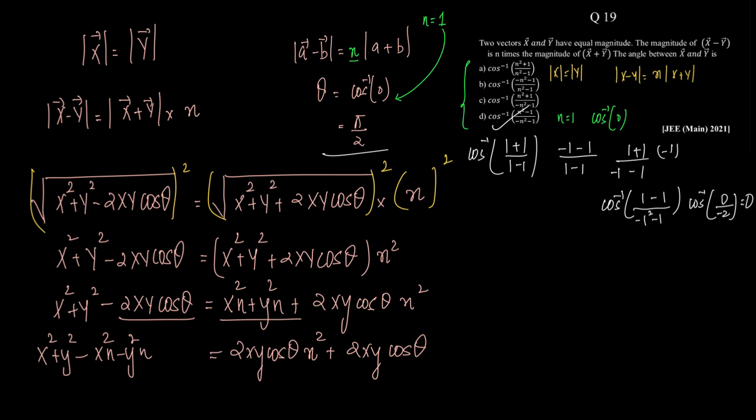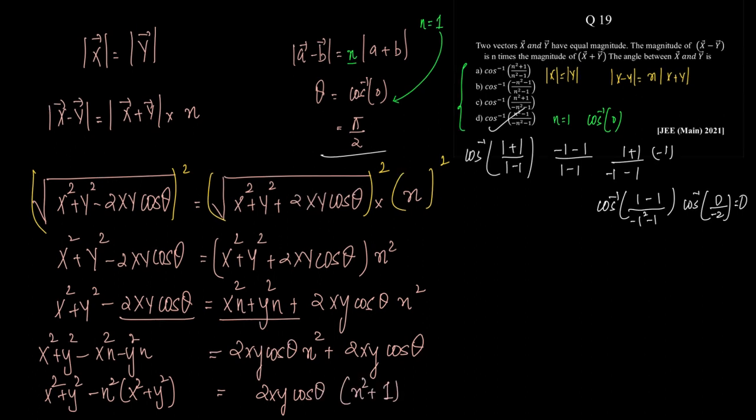Sorry, my bad. Let me rearrange this. I write x square plus y square minus n square into x square plus y square, taking n square common. On the right, we take 2xy cos theta common, so within brackets we get n square plus 1.